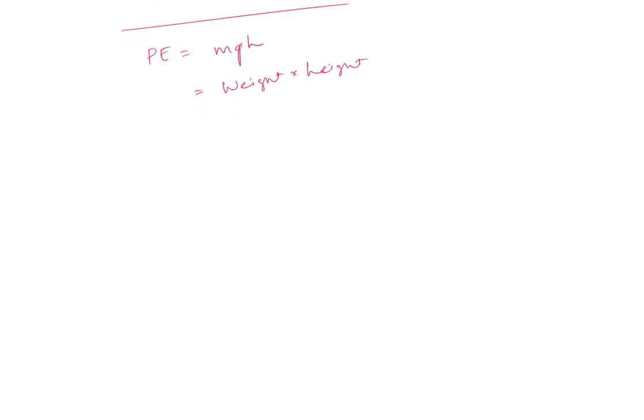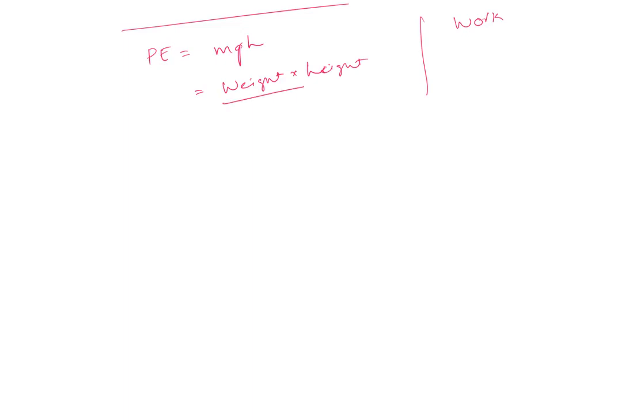So let's look at the formulas. For potential energy, it is mgh, or weight times height. Now if you draw an analogy between this and work, I'm trying to show that work and potential energy are similar to each other.